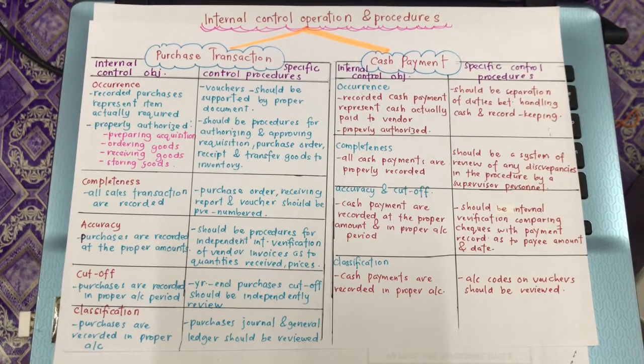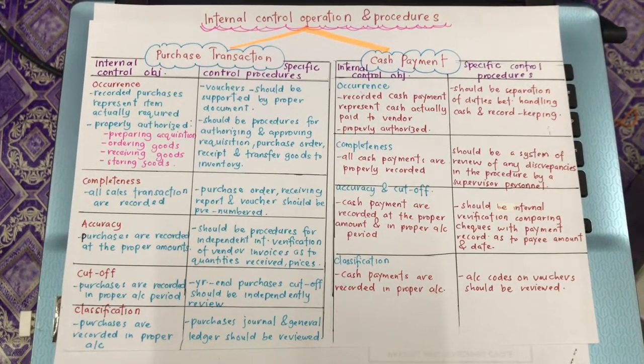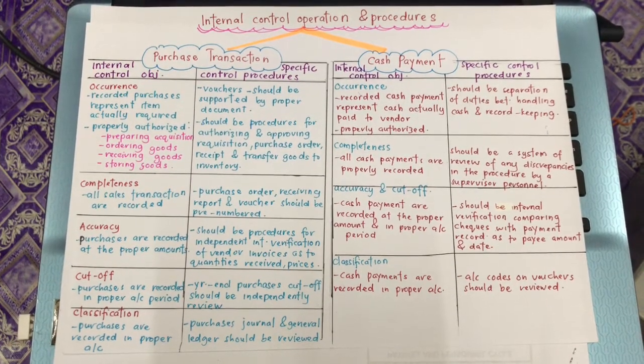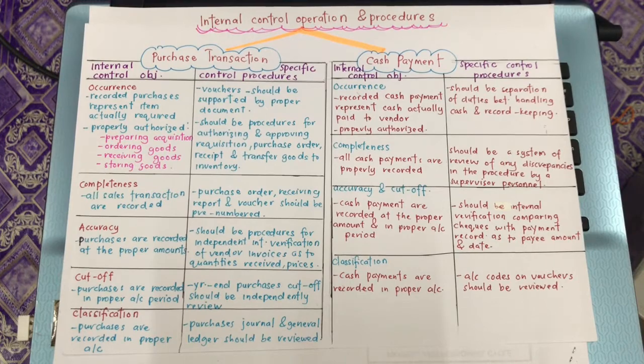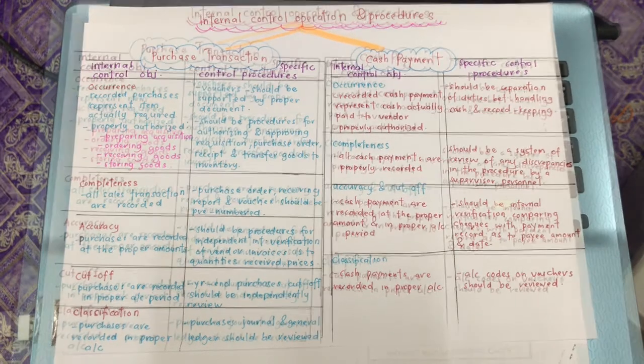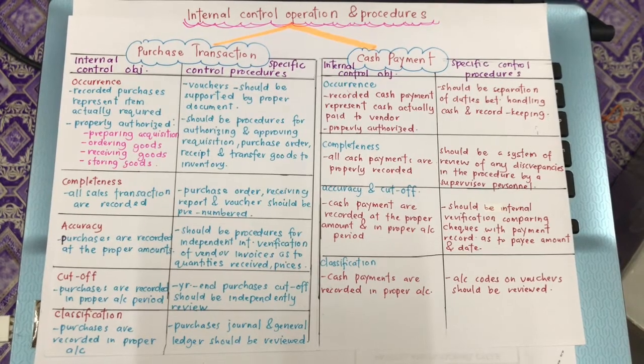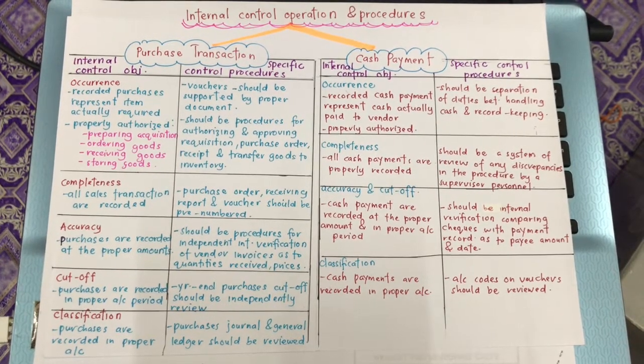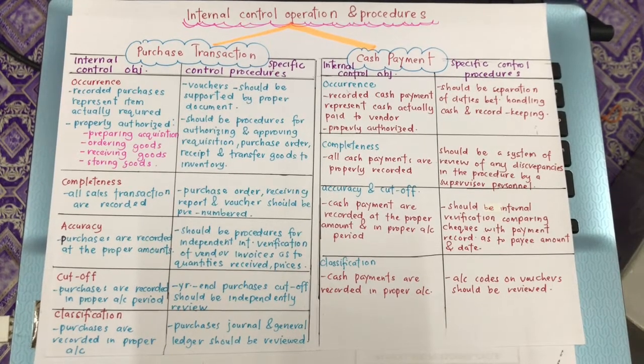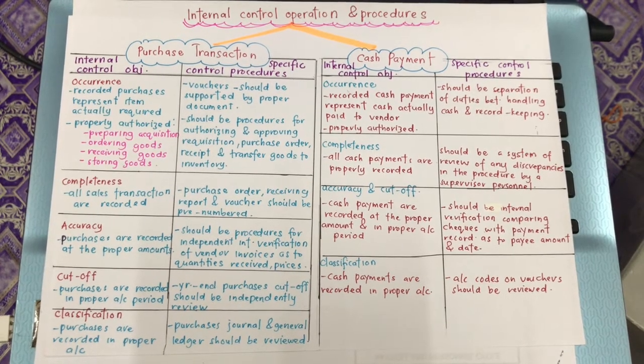This table shows the internal control operations and control procedures for purchase transactions and cash payments. In purchase transactions, the occurrence internal control objective is that recorded purchases represent items actually required.